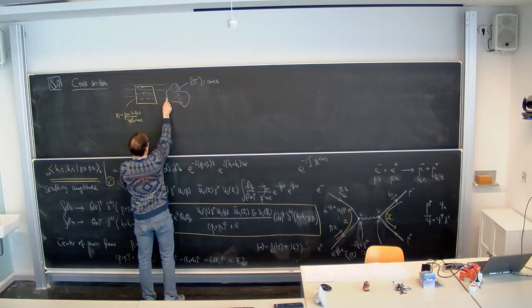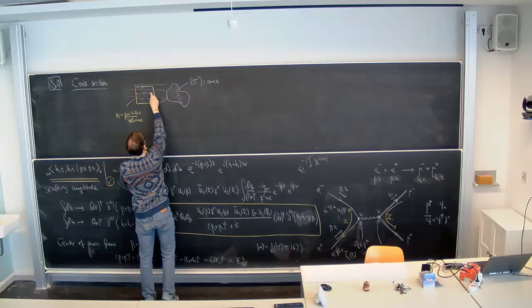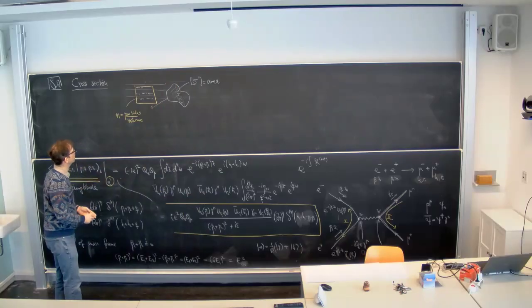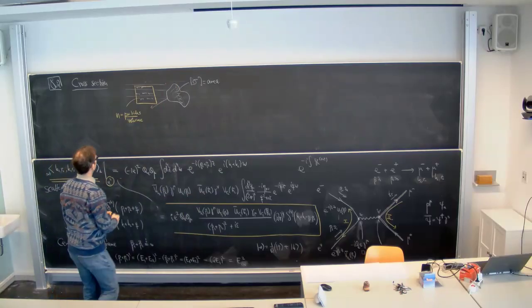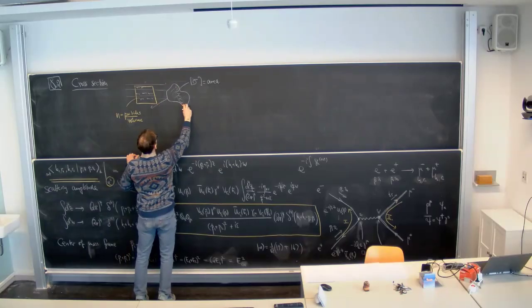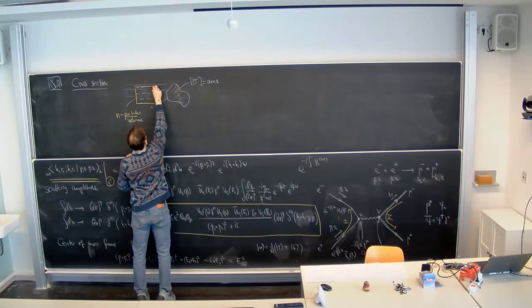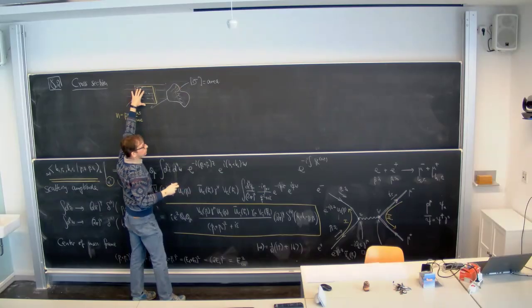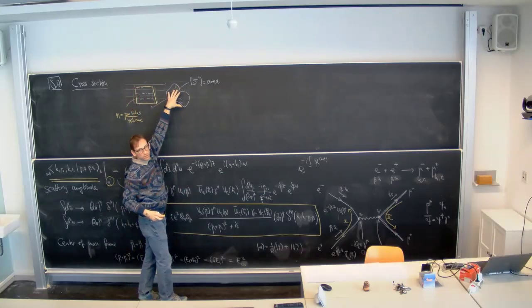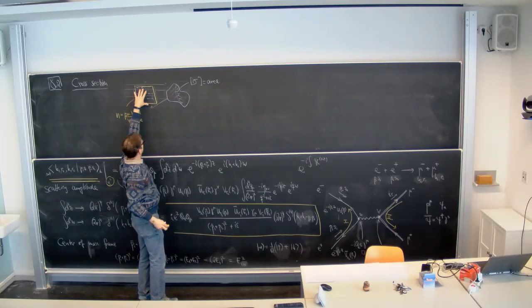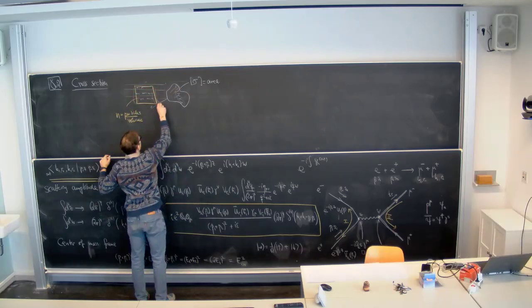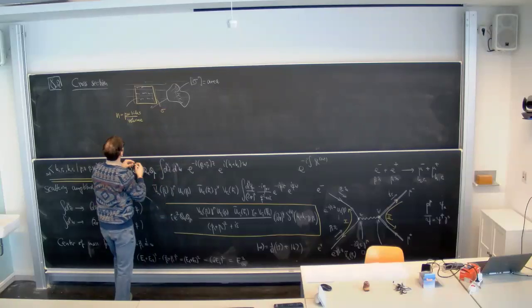If they hit this thing, then they're going to be deflected. If they don't hit the thing, they're just going to fly straight. And so how many hit this thing? If I take a box that happens to have this cross section, this is a cylinder, all of them inside are just going to be blocked. Say I pick a volume which has the exact cross section. So this cross section here is sigma, and it has some length.